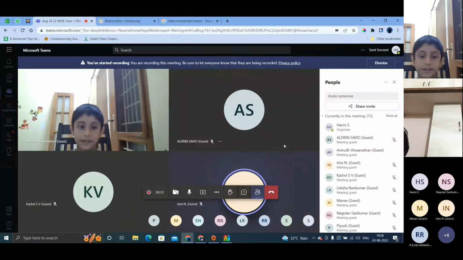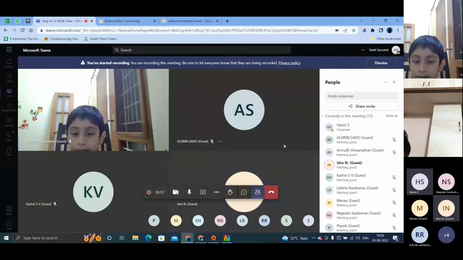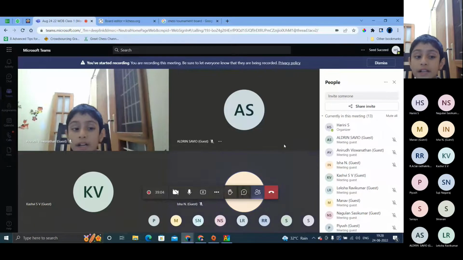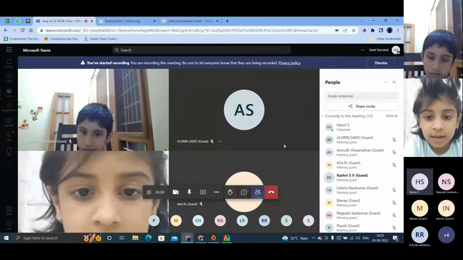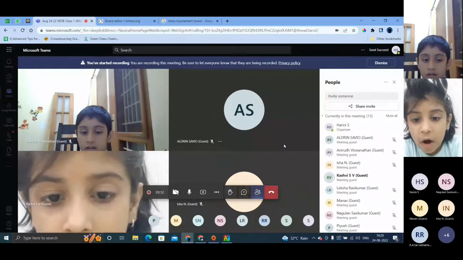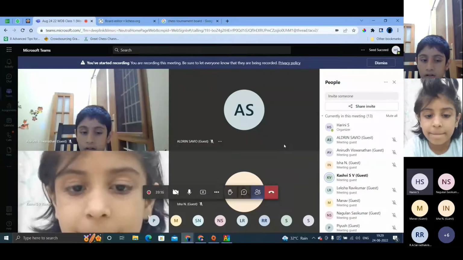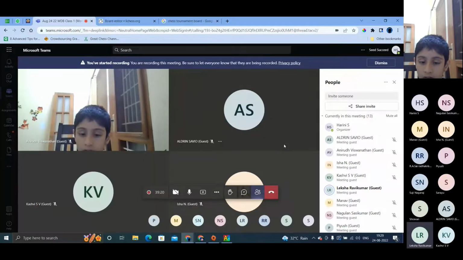Isha, light on right. Kashmi, can you tell? Yes, ma'am. So what were we learning? Light on right. Okay, Leksha, can you tell me? Light on right. Very good.